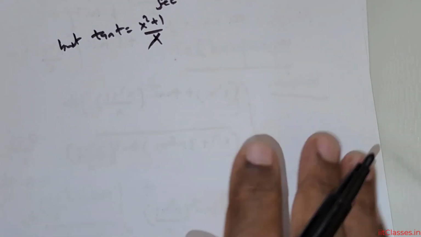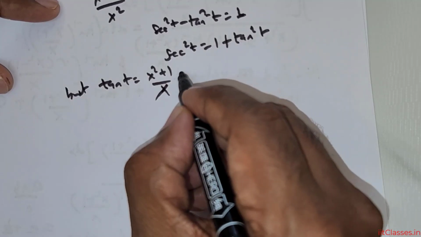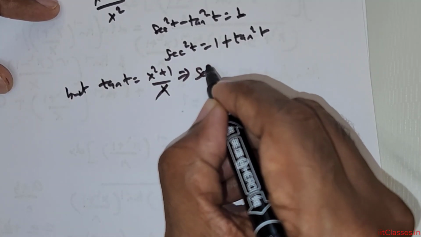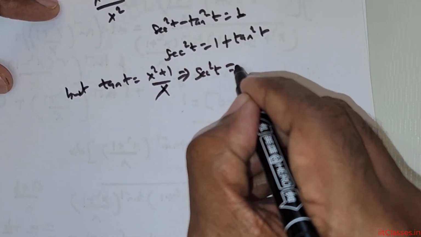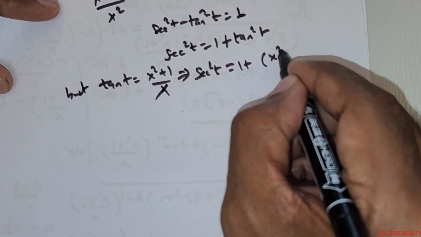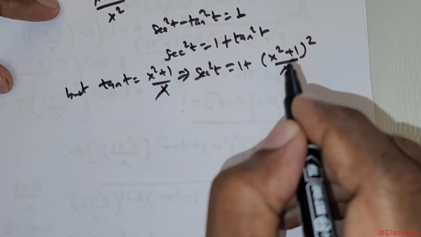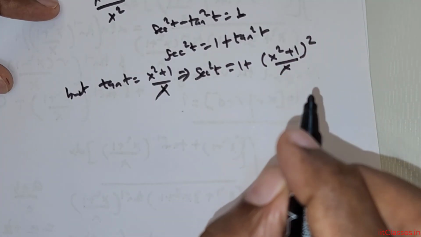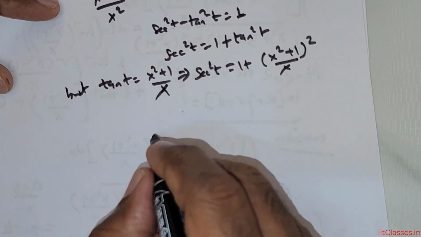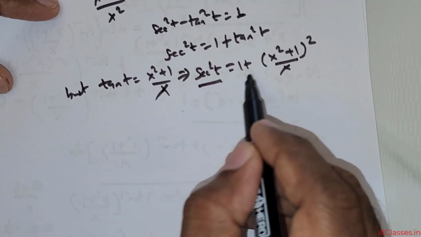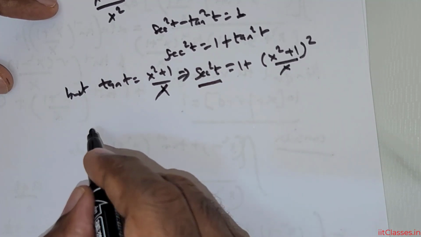This is for tan t, right? So this means my secant squared t is equal to 1 plus ((x squared plus 1) over x) the whole squared. So in place of secant squared t, I will place this.